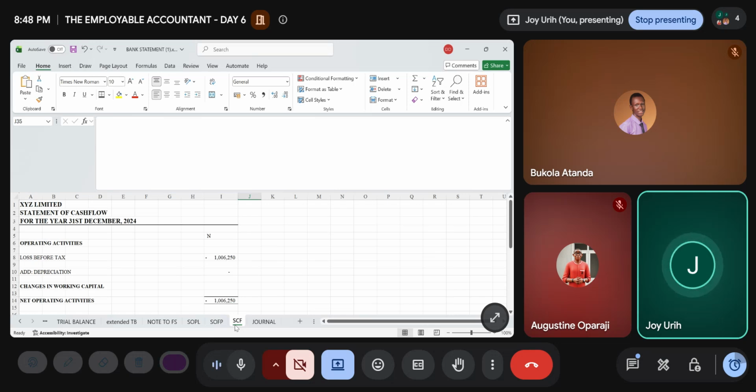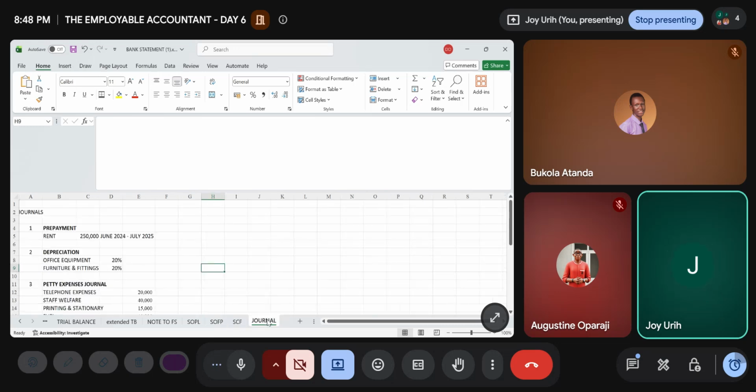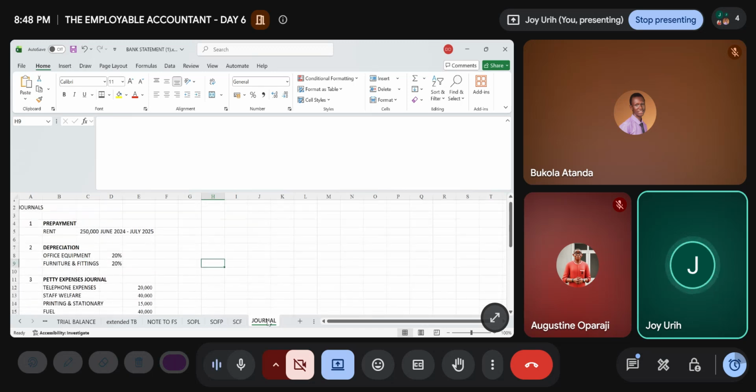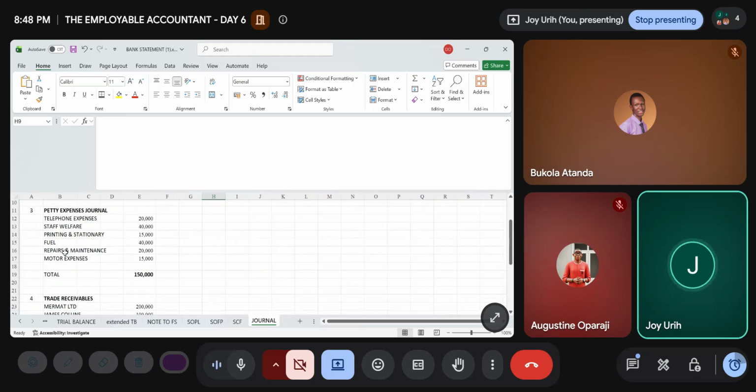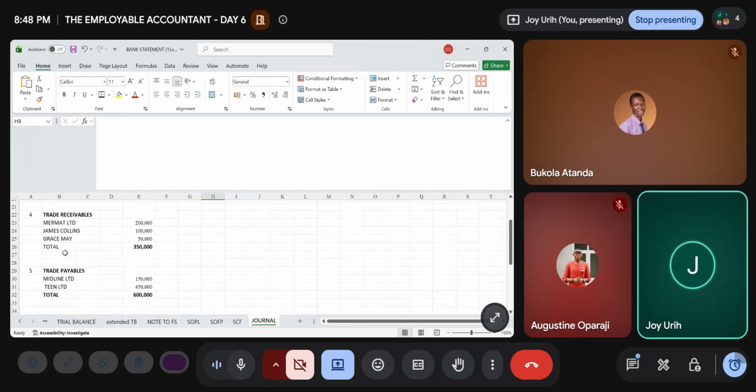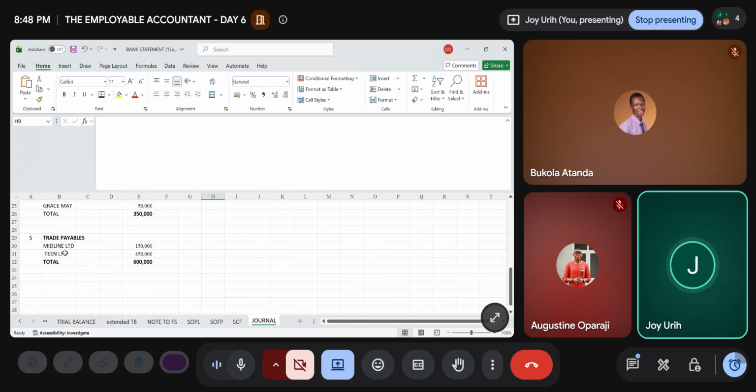So now we discover that there are some transactions that we have not incorporated in our financials. So we are going to be doing that through journal entry. So we have prepayment, we have depreciation, we have petty expenses, we have trade receivables, we have trade payables.